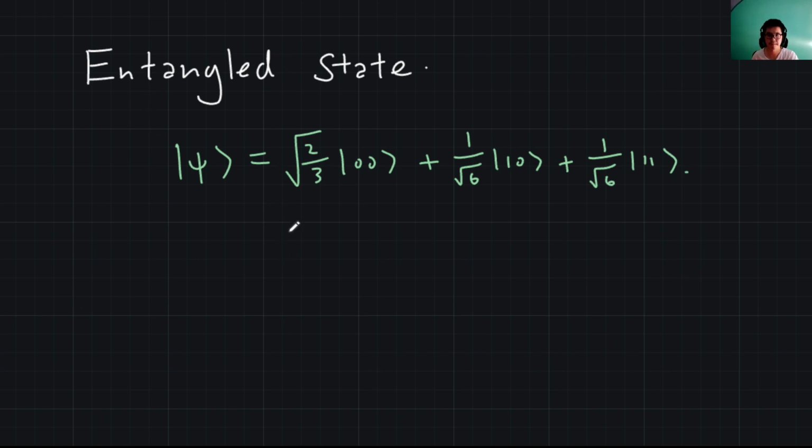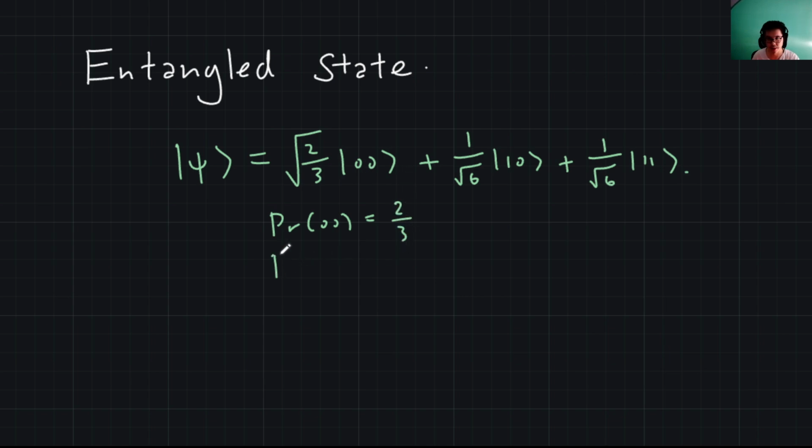So why? This is because there is a 2 in 3 probability of realizing 00. So the probability of 00 is 2 over 3.